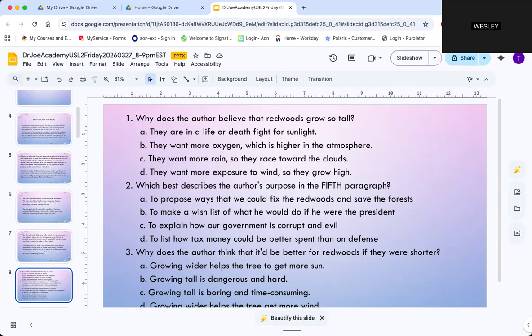Good job. C. They want more rain, so they race toward the clouds. D. They want more exposure to wind, so they grow higher. I think it's A. That is correct. Good job.